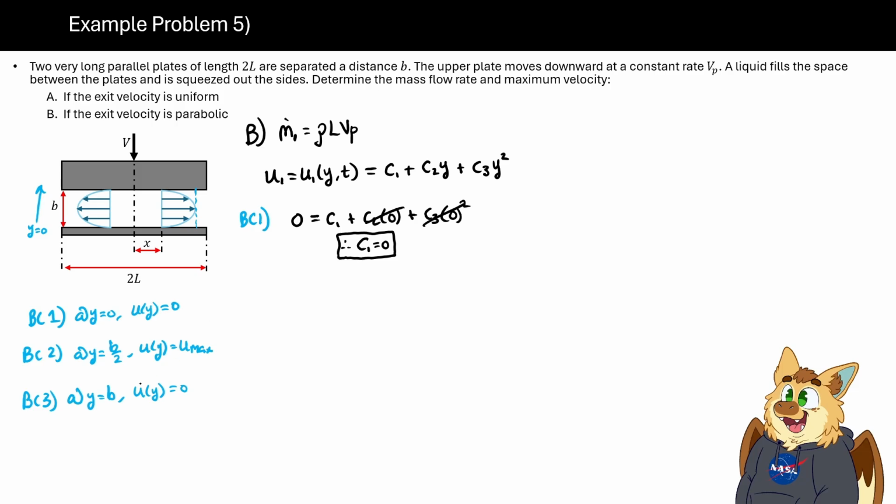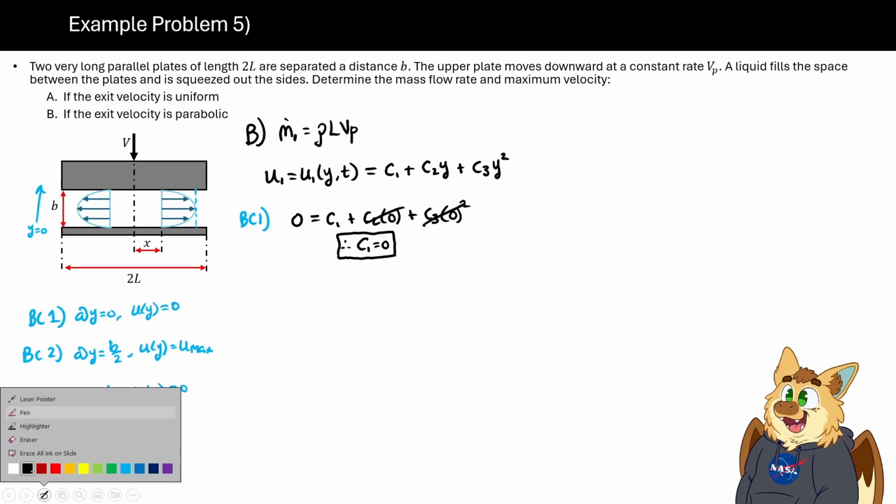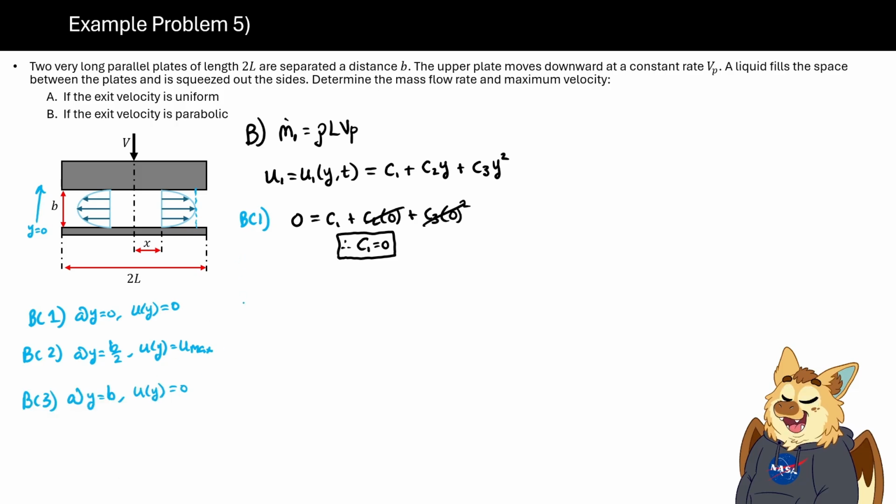Okay, so that's a good starting point. Next, let's go to boundary condition 3. I'm going to boundary condition 3 because, as you can see, u of y is equal to 0, and I feel like it's easier to work with than boundary condition 2. So I'm going to start off with this one first.